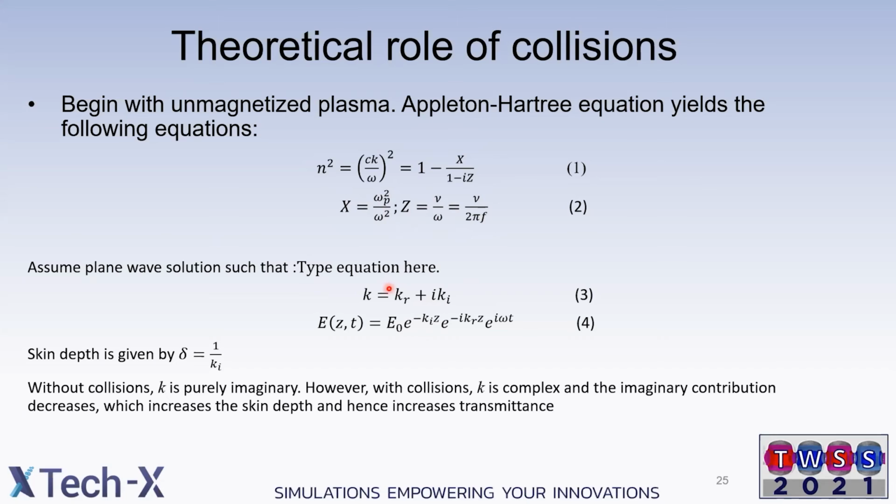If you just play around with these equations, and K equals K real plus i times K imaginary, the skin depth is equal to 1 over K imaginary, the imaginary part of the wave number. So without collisions, Z is 0. If Z is 0, then K is purely imaginary. But with collisions, K becomes complex, the imaginary part goes down, and the skin depth increases. And if you don't see that, then just write these equations down and start plugging in some numbers, and it'll pop out pretty quickly.